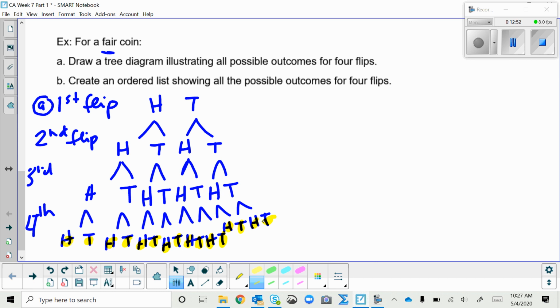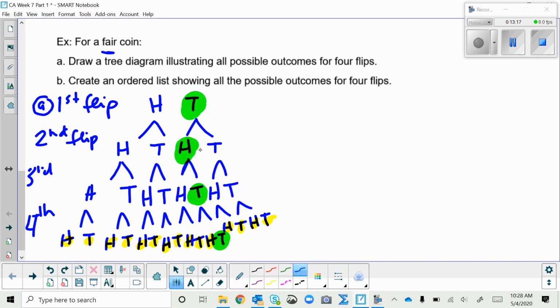And you can thread your way back up and find all the different ones. Like if I wanted to, I could say, well, let's say I had tails on the first flip, and then heads on the second, tails on the third, and then tails on the fourth. That's one of those 16 paths, one of the 16 options that you could get flipping a coin.